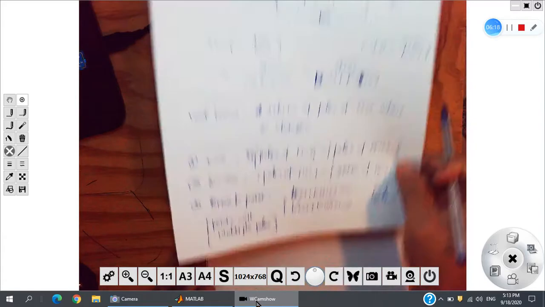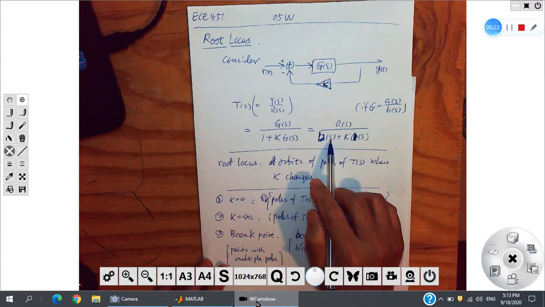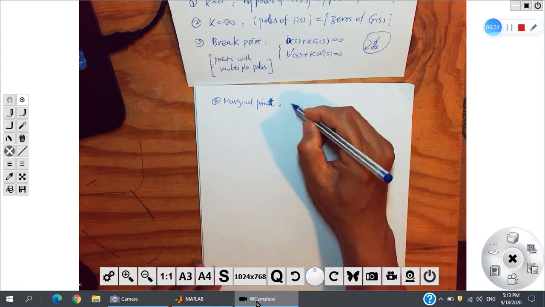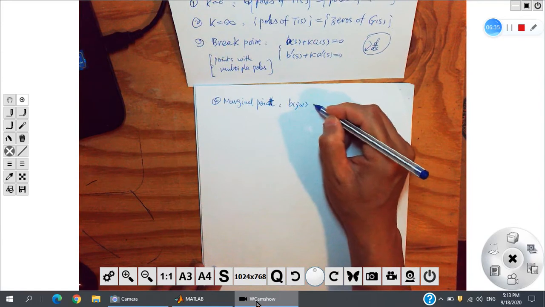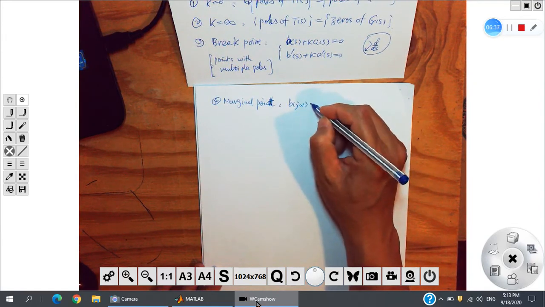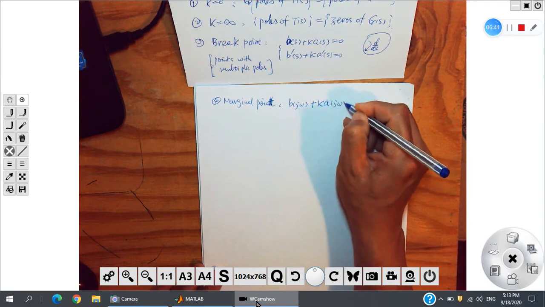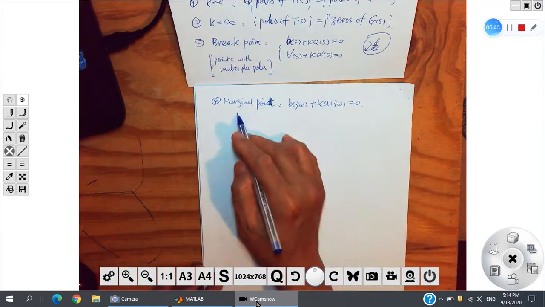We want the denominator equal to 0, but this time the pole s should be a pure imaginary number, just j times omega. So we want B of j omega plus K A of j omega to be 0. We solve this and we have the marginal point.